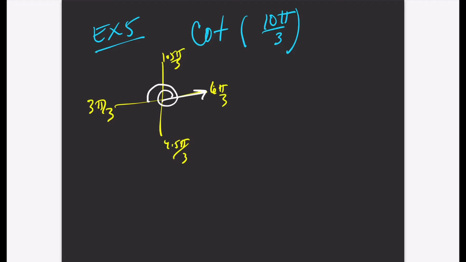So half a revolution more, we're at 9 pi over 3. So we need 10, so we have to go down one more. The reference angle is from the terminal side to the closest x-axis, which is this one. So again, this right here was 9 pi over 3. We needed 10 pi over 3. Therefore, this is 1 pi over 3. So we're going to do the cotangent of pi over 3. So let's go to our hand trick.